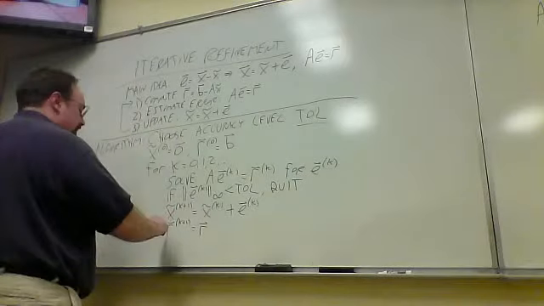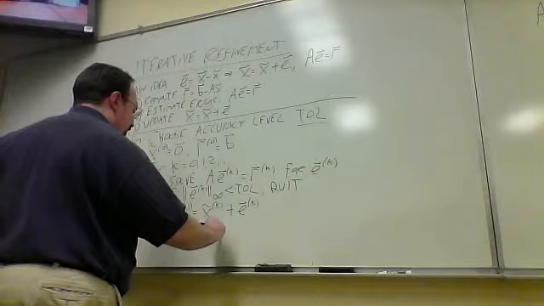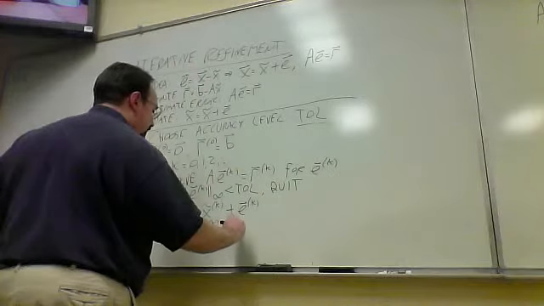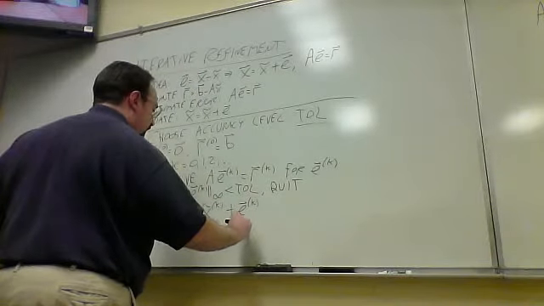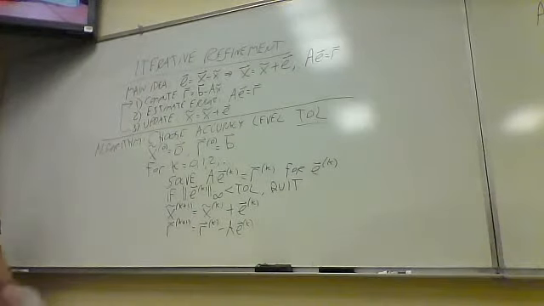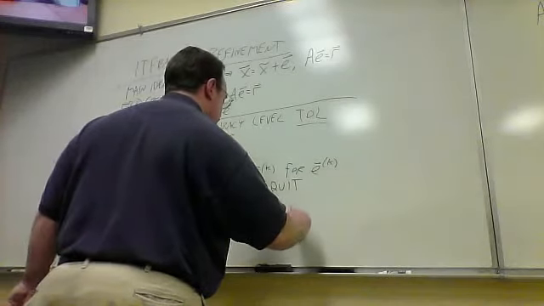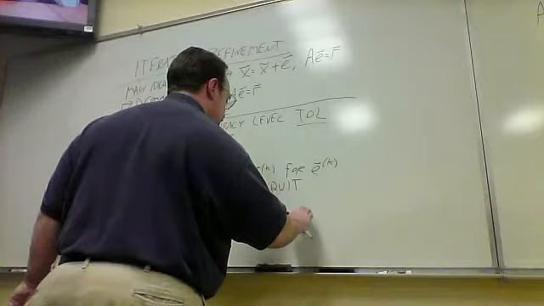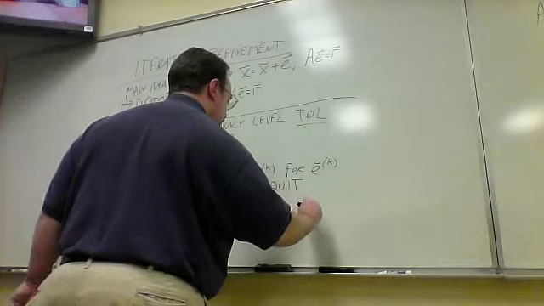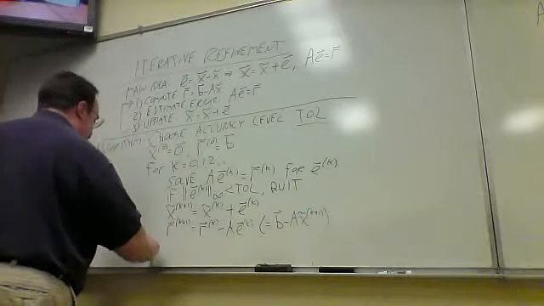So our new residual is equal to our old residual minus A times our error. So that is mathematically equivalent to what we think of as residual, B minus A x_{k+1}. So I'll make a note of that here. Okay, and that's the end of our algorithm.